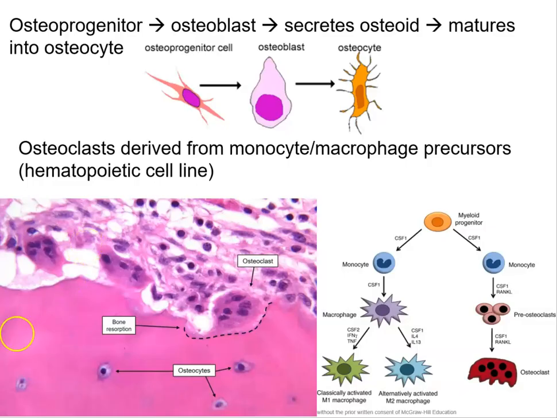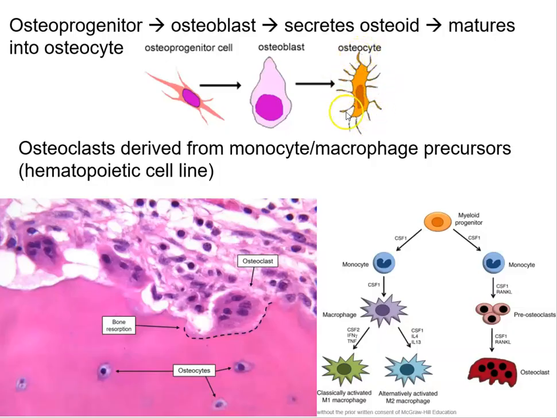And just to give a little background to where these cells come from. You have osteoprogenitor cells that are going to differentiate into an osteoblast. Now, osteoblasts build bone. Just remember the B's. BBB, osteoblast builds bone. And it does that by secreting a substance called osteoid first, and then it's going to mature into an osteocyte.